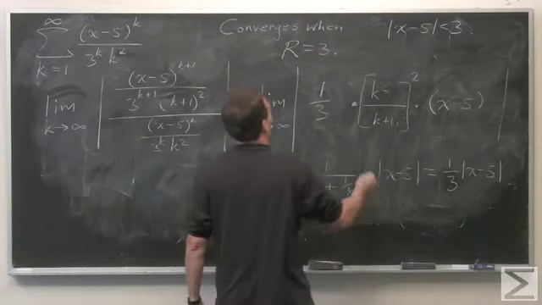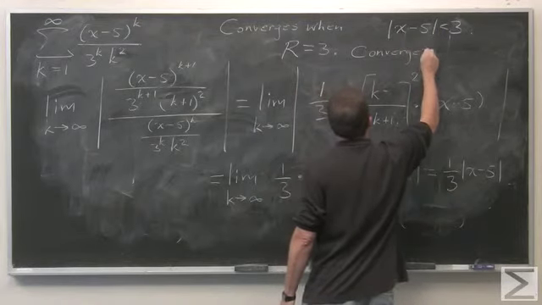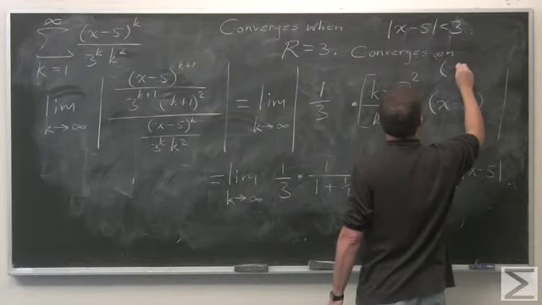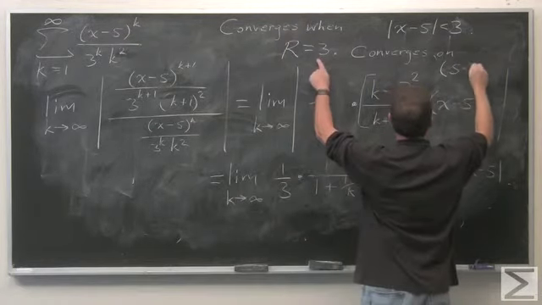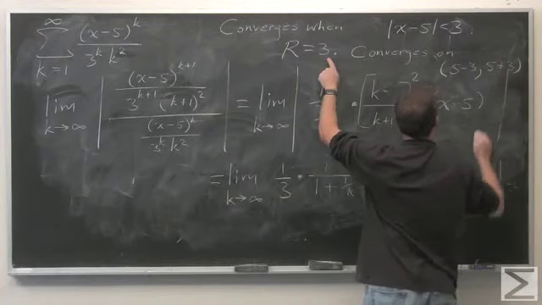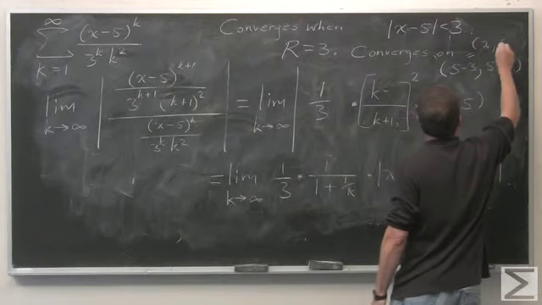And so the series converges on the open interval centered at 5. So you center at 5, you can go down 3, and you can go up 3 from 5. So it converges on the open interval from 2 to 8.